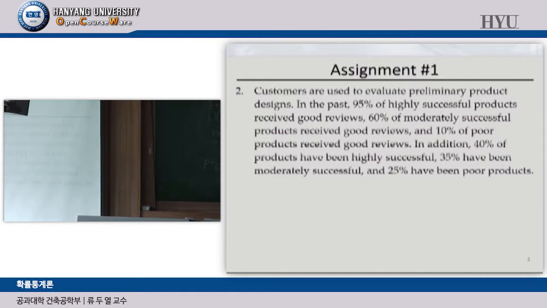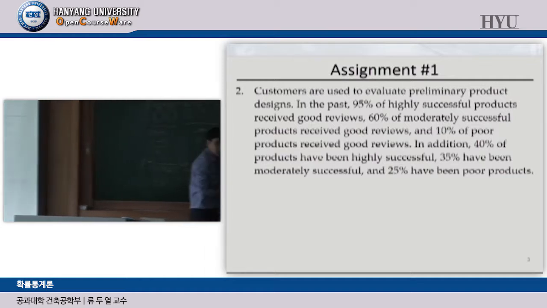So if we denote H as the highly successful product, what is the probability of H? That is 0.4, right?